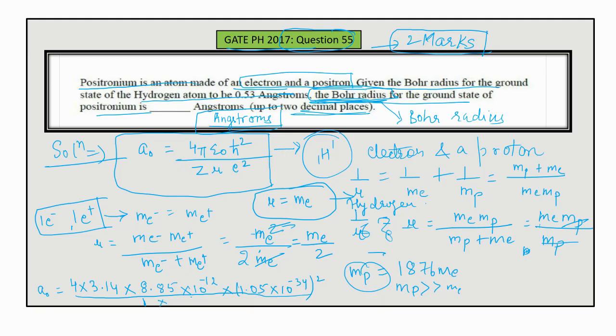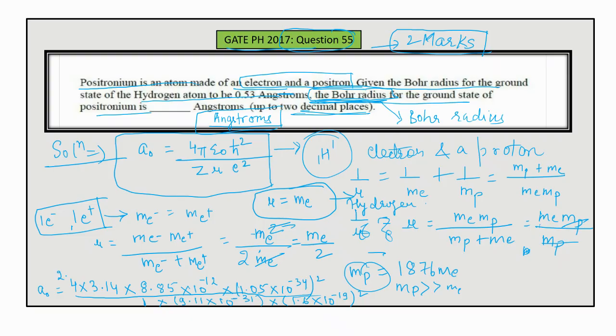Z is 1, and mu is me by 2. You know me is 9.11 into 10 raised to the power minus 31 into e square. What is the value of e? 1.6 into 10 raised to the power minus 19, whole square.